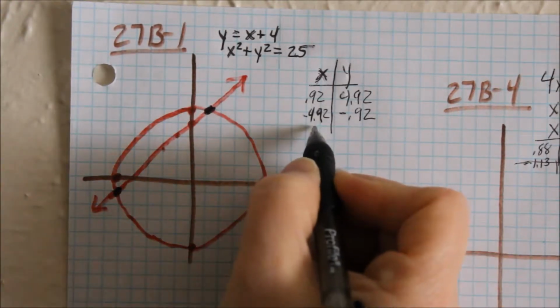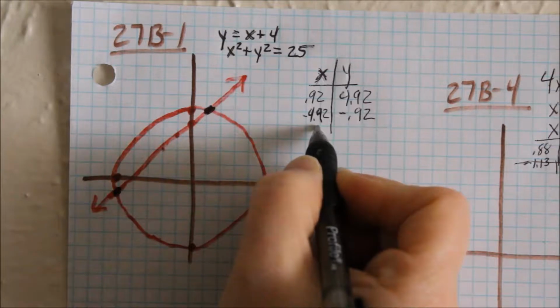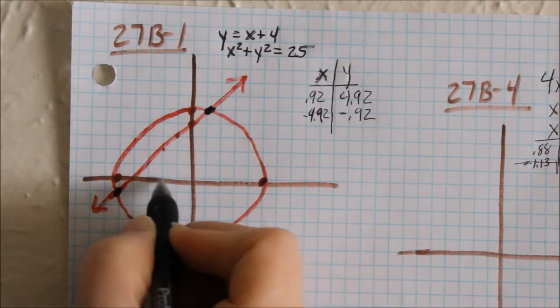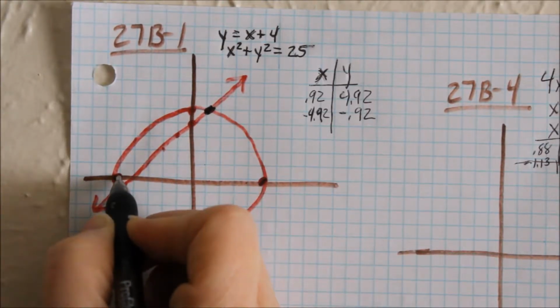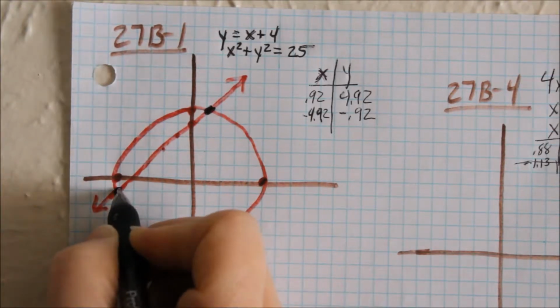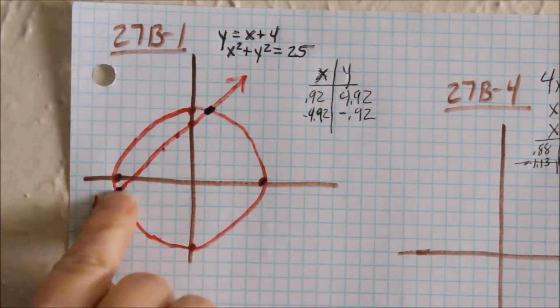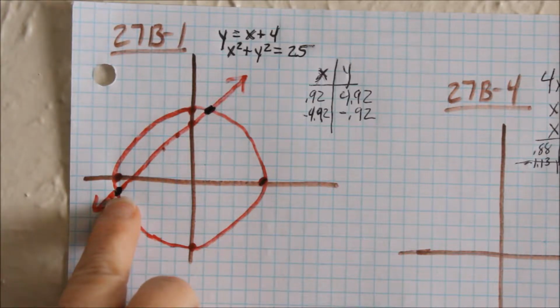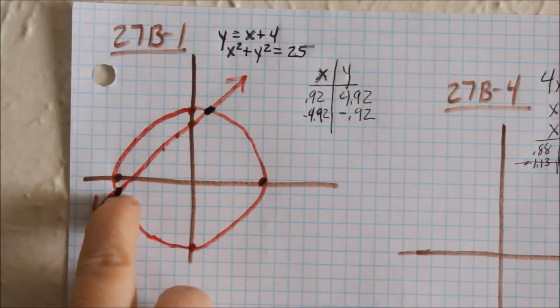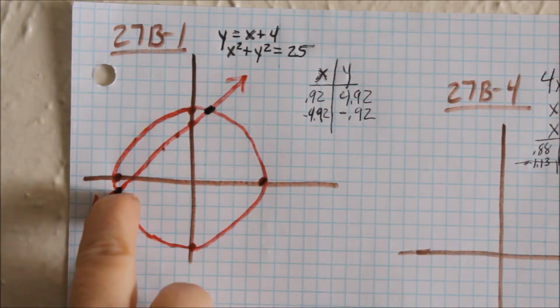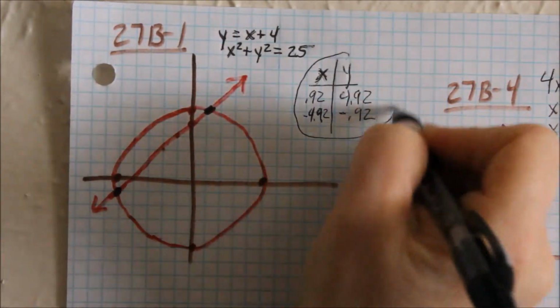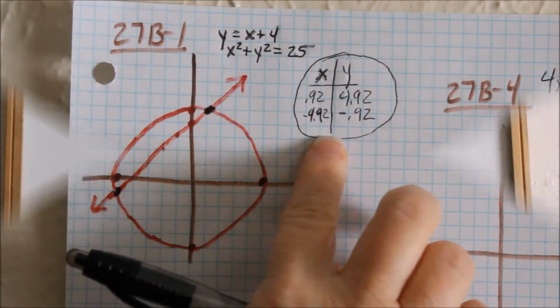And then my other intersection point was negative 4.92. So 1, 2, 3, 4, almost to 5, and then down 0.92, almost negative 1, and that's pretty close to where my point is there. Again, on your graphs, your drawings will be the estimate, but your actual calculations are your actual answers.